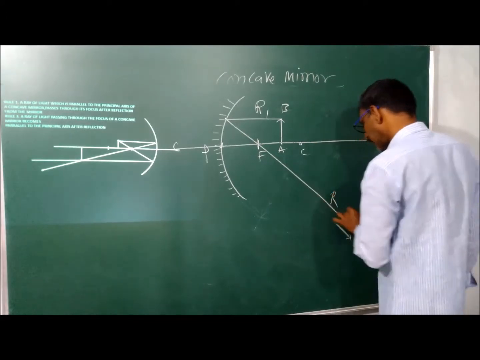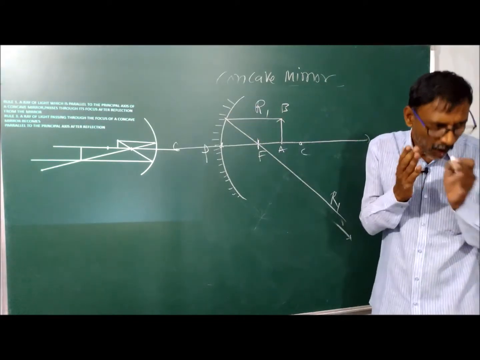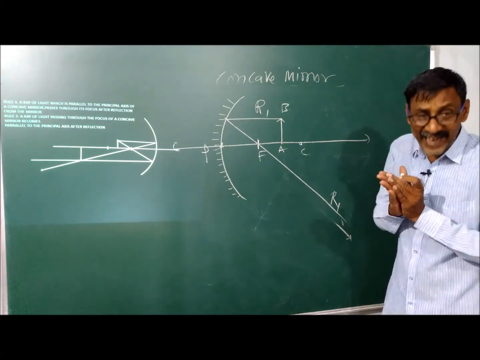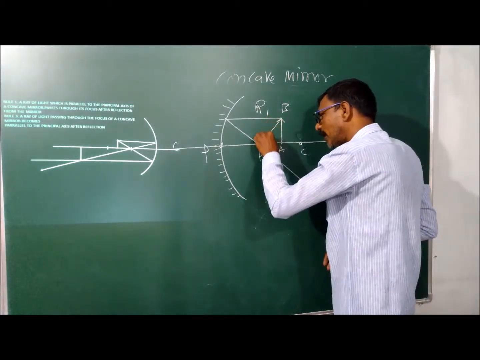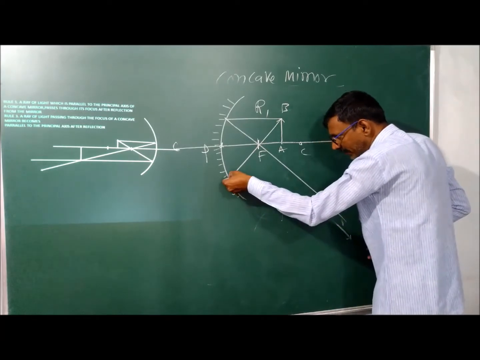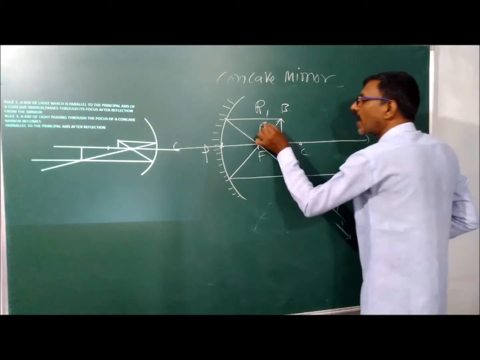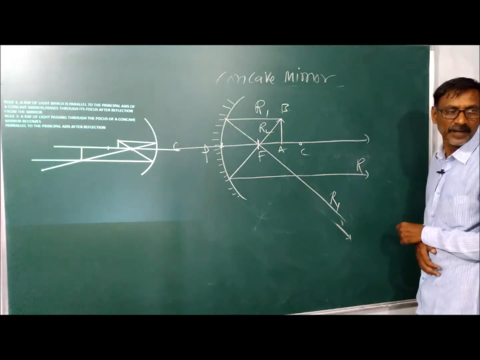This goes along this direction by using rule number 1. Now, if a light ray travels through the focus, it bounces back and travels parallel to the principal axis. This is my R2. R2 is coming in this direction after reflection.